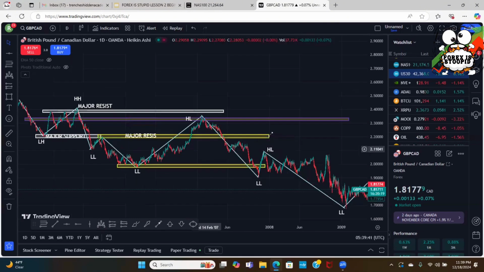All right, so price didn't get that high, came back down, breaking into a lower low. So now we're going to continue to sell. Price pulled back, creating a higher low right here.